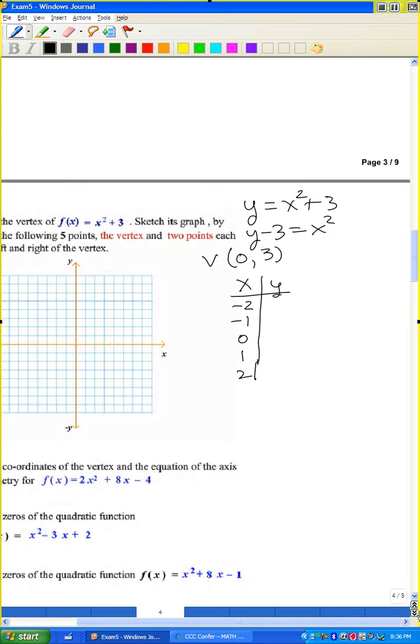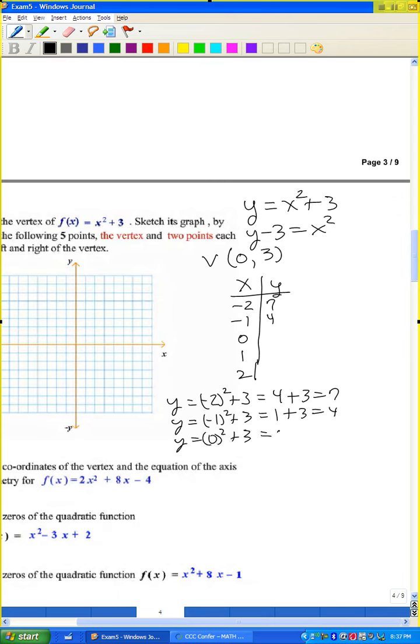And so -2 squared plus 3. 4 plus 3 is 7. -1 squared, 1 plus 3 is 4. 0 squared plus 3. 0 plus 3 is 3.